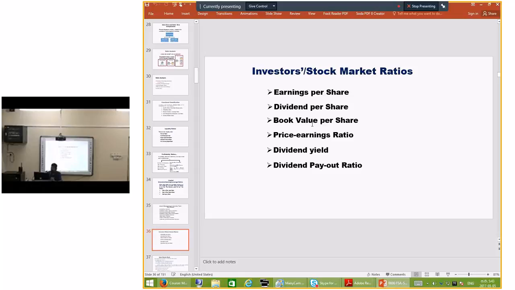Dividend yield and dividend payout ratio. The dividend payout is also a very important indicator about the organization.